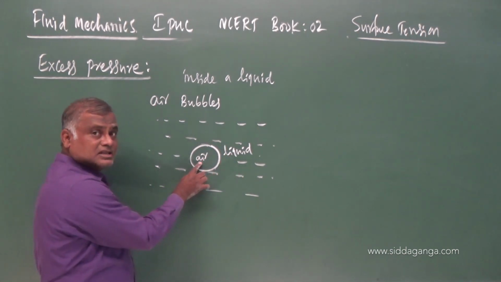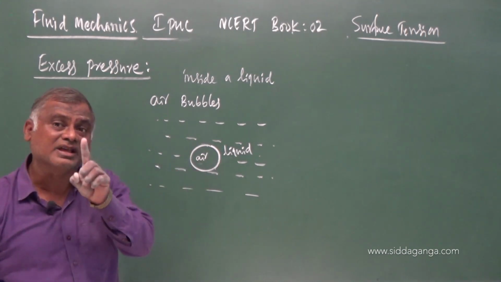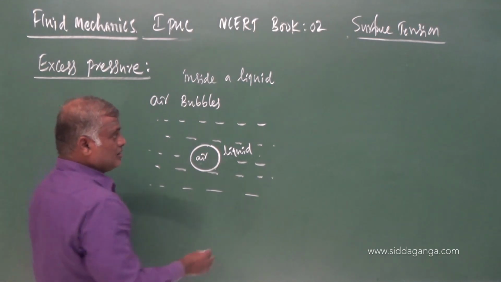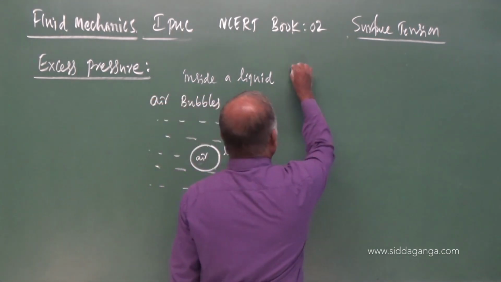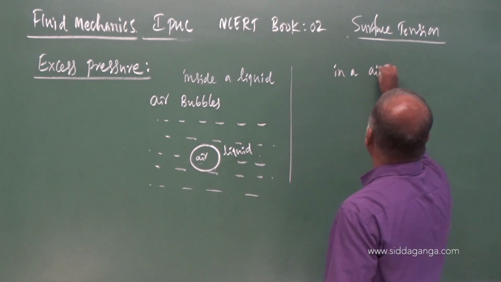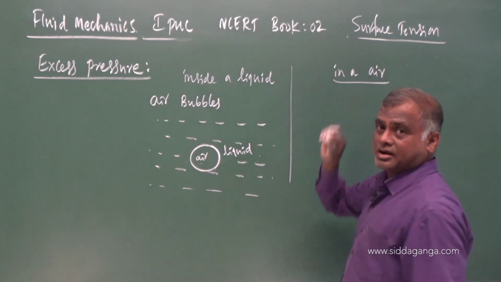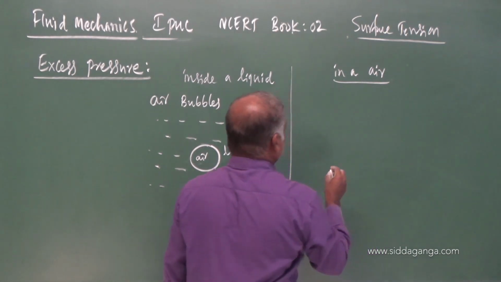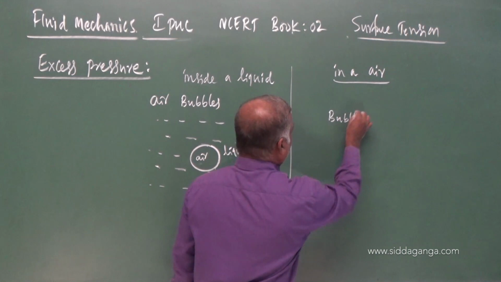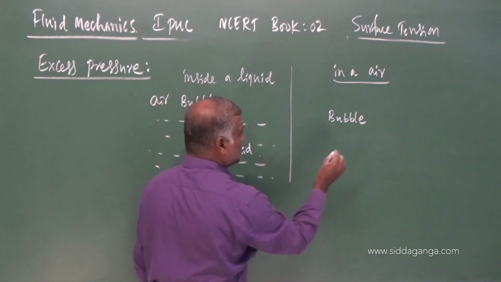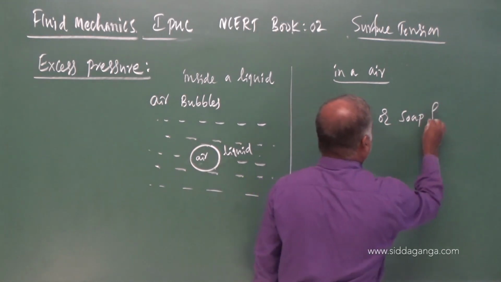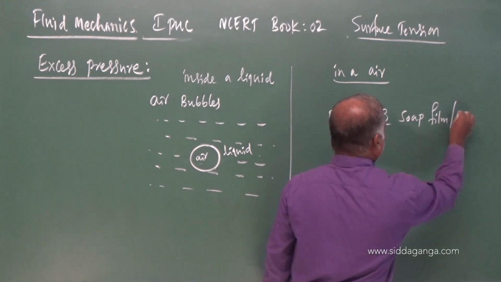In this case I have only one free surface of air. Suppose in air I have a bubble, or I say I have a soap film or soap bubble.